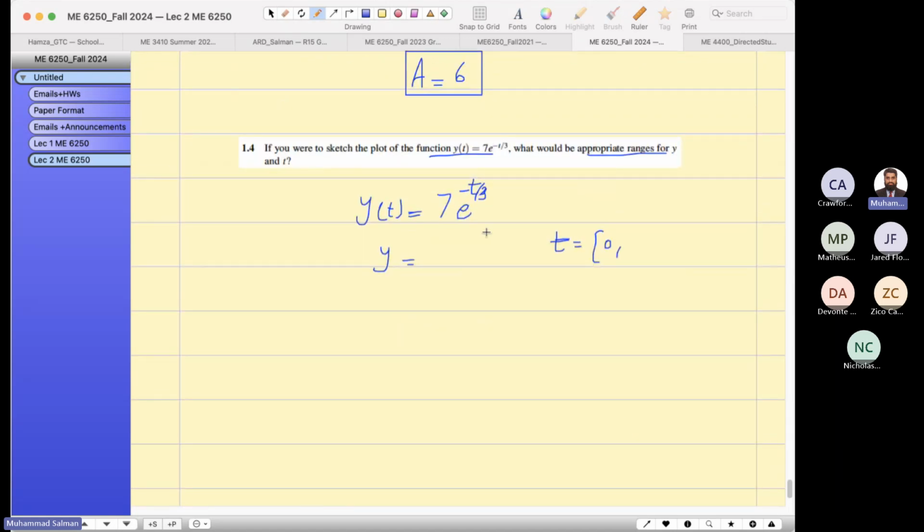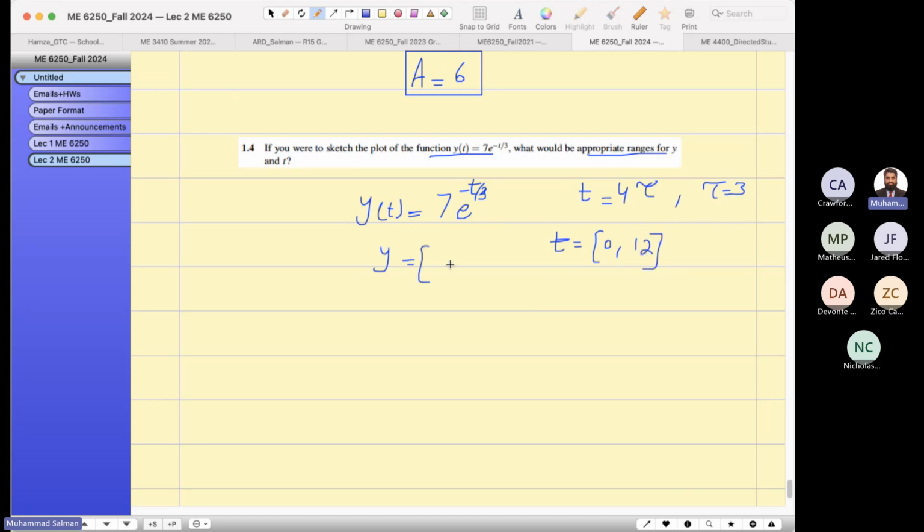So 4 times the time constant would be the last limit, to show the complete picture of the oscillations. What is tau in this exponent denominator? It is 3, correct? So tau equals 3 and t equals 12.